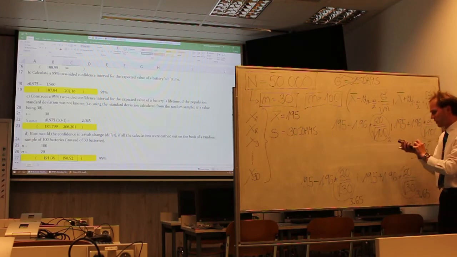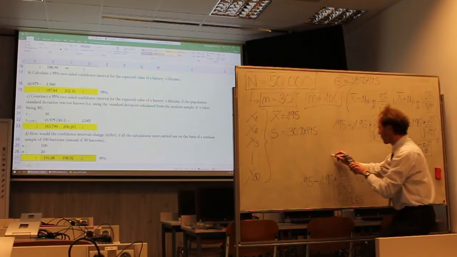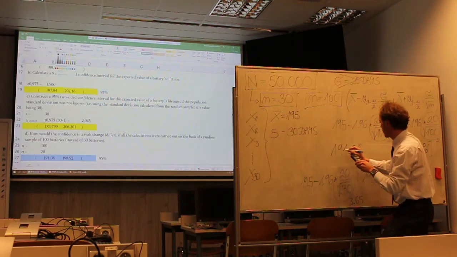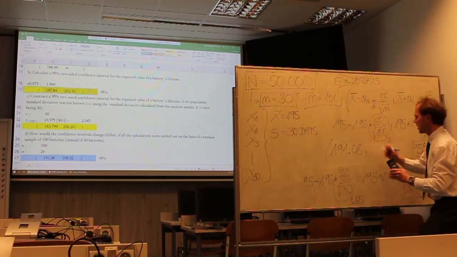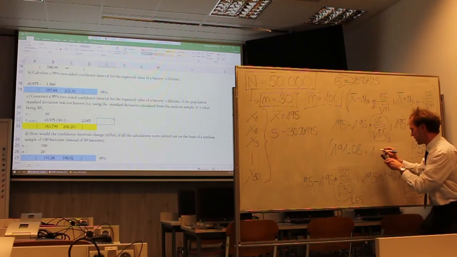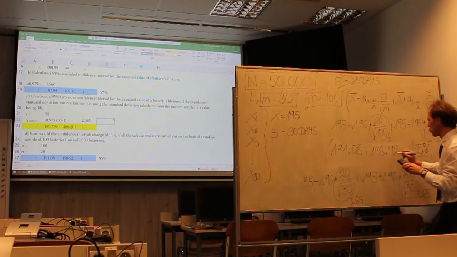So 20 divided by square root of 100 times 1.96, 195 minus this value is 191.08. So this is the left side, and the right side is 195 plus this value, 198.92.